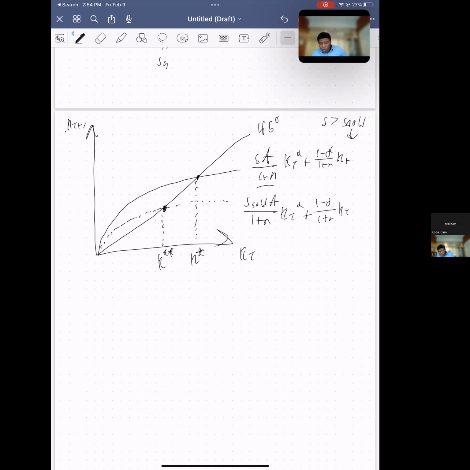And so we also knew that K_T doesn't jump, and this is an important distinction too. K_T doesn't jump because this particular exogenous variable has nothing to do with capital per capita in terms of how it's defined. So basically, K_T does not jump because this is capital per capita.